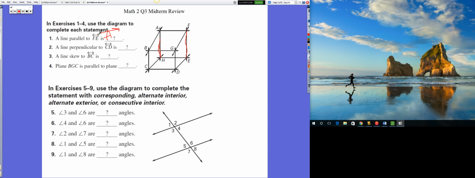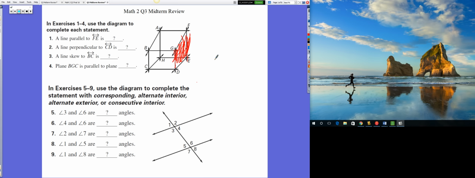So line AH, that could work. And that would be this back plane right here, this square. Also, if you did like a GD, but then you're in a different plane, you're in this plane right here, this sheet of paper.